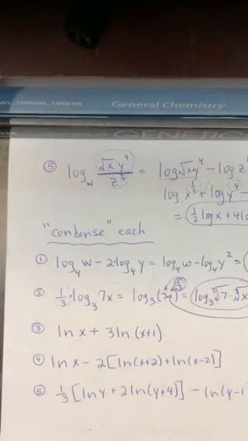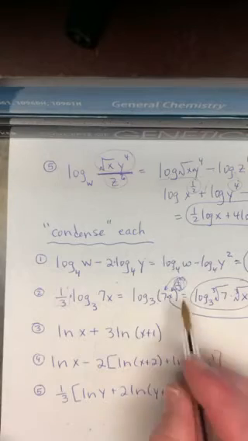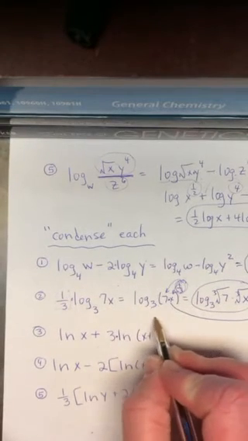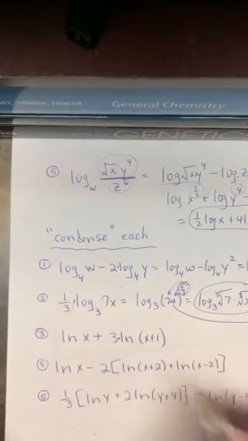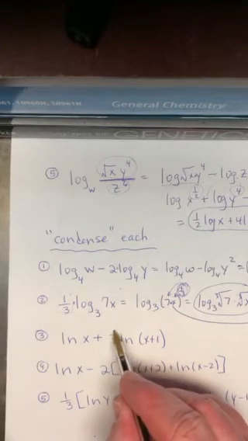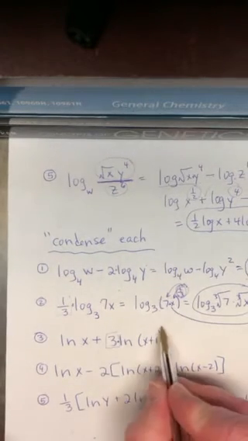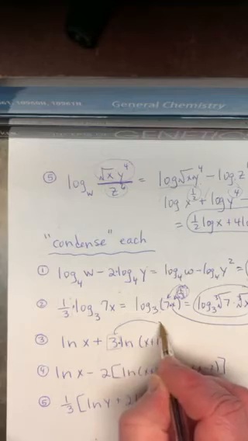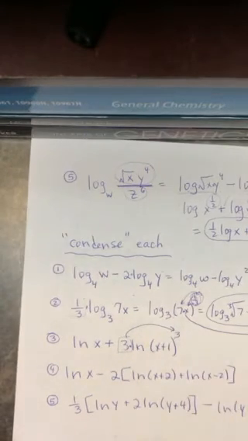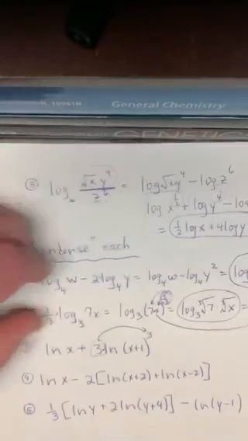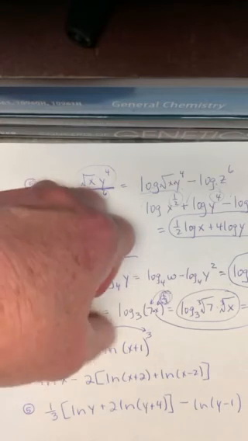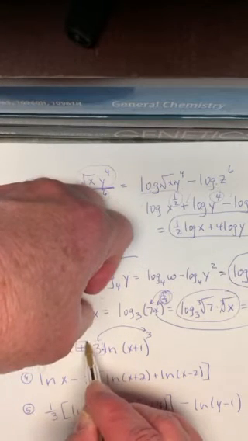Next one, ln x plus 3 ln of x plus 1. I look at that problem, you look at that problem, and the first thing you should notice is the 3 that's in front of this natural log. This 3 that's in front, if it's in front, it must have been an exponent to begin with, agreed? So it now moves up as an exponent. And then what's the rule when you see a plus sign?